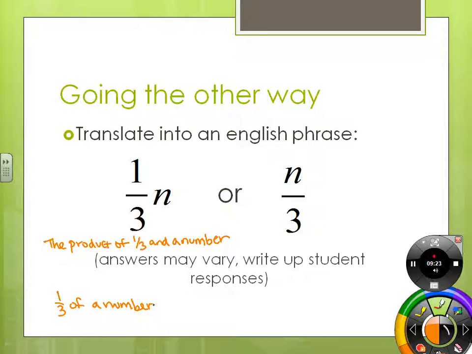Or if we looked at it as division, we could say the quotient of a number and 3. Or we could say a number divided by 3, but something with that division in there.